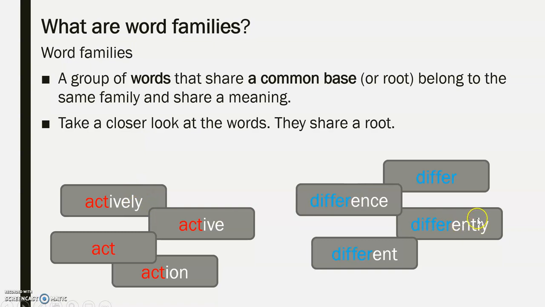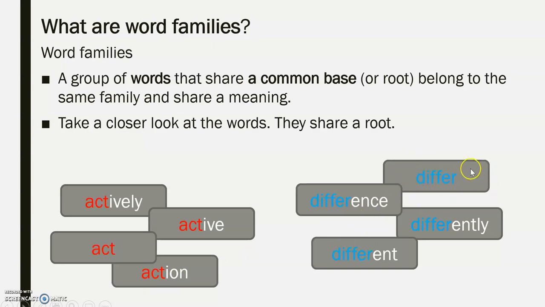And here too, we can see ly, it's an adverb. An adverb, to remind you, describes how an action is done. So we can see that they have the same root. Act, actively, active, the verb act, action.